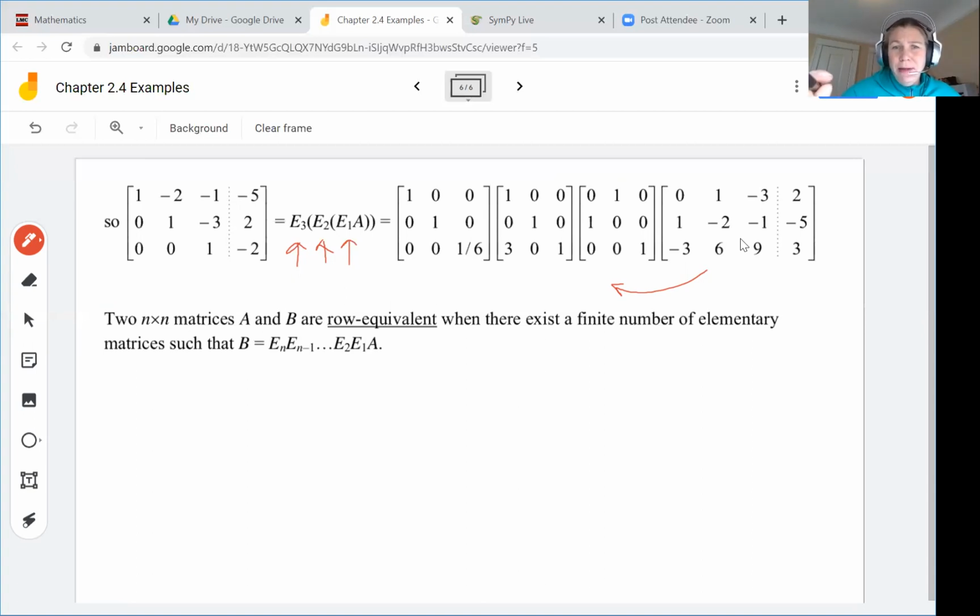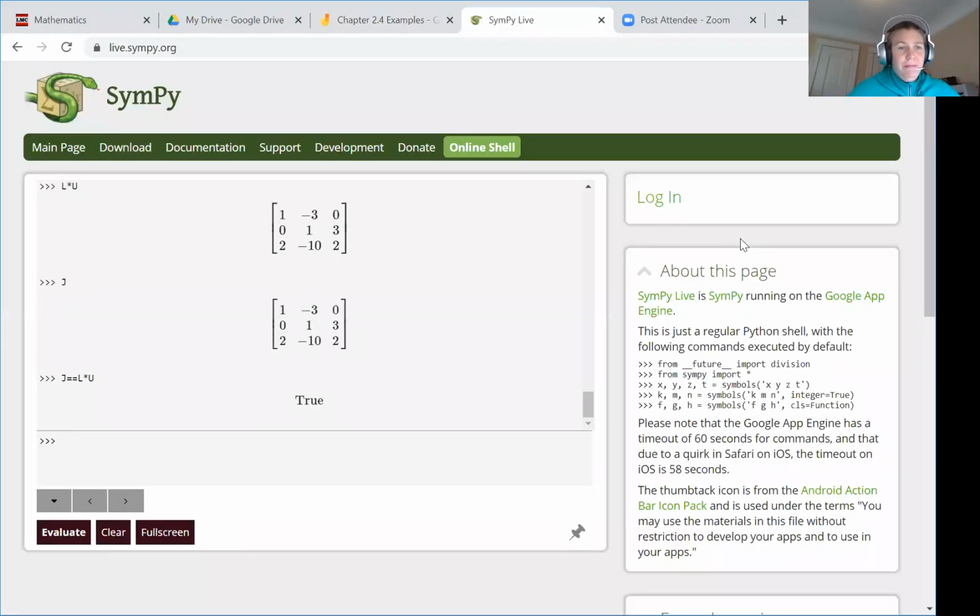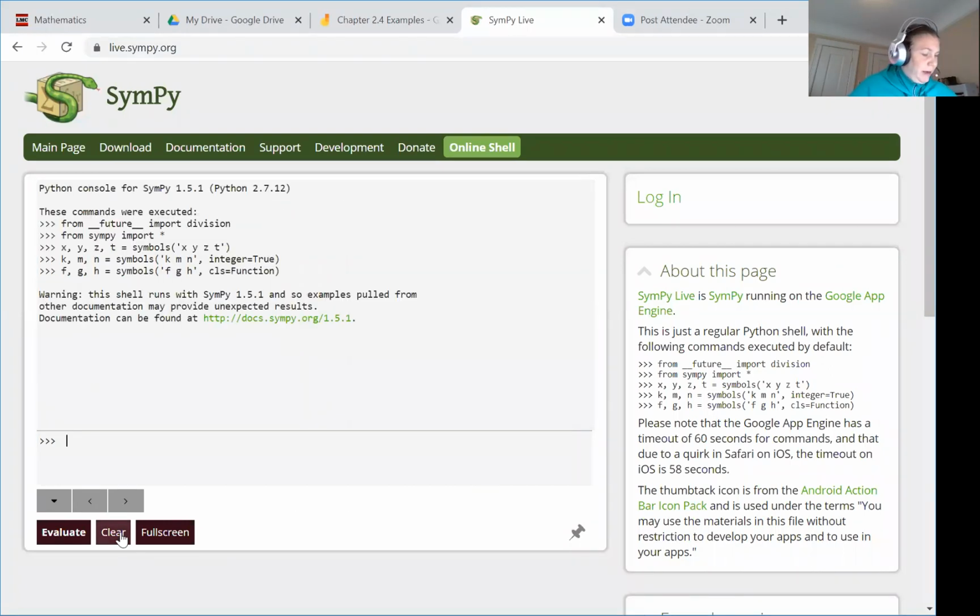All right, let's head into SymPy and just verify our calculations over here. I'll clear out my existing SymPy calculations, and I'm going to go ahead and enter our matrices E1, E2, and E3. E1 was replacing row 1 with row 2.